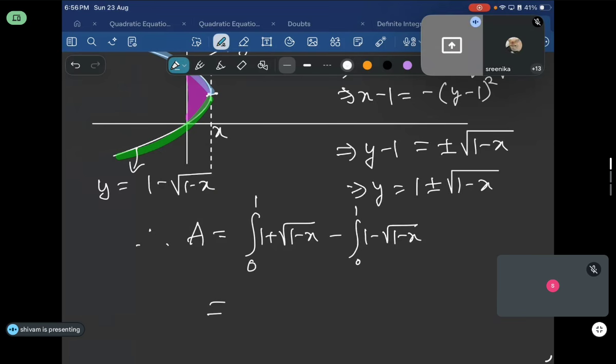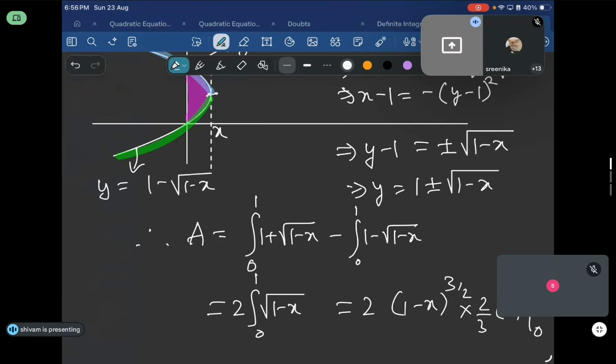We can subtract, right? So it will become integral from 0 to 1, 2 into root over 1 minus x. After that, you have to integrate root over 1 minus x. It will become 2 into 1 minus x whole to the power 3 by 2 multiplied by 2 by 3 multiplied by minus 1.